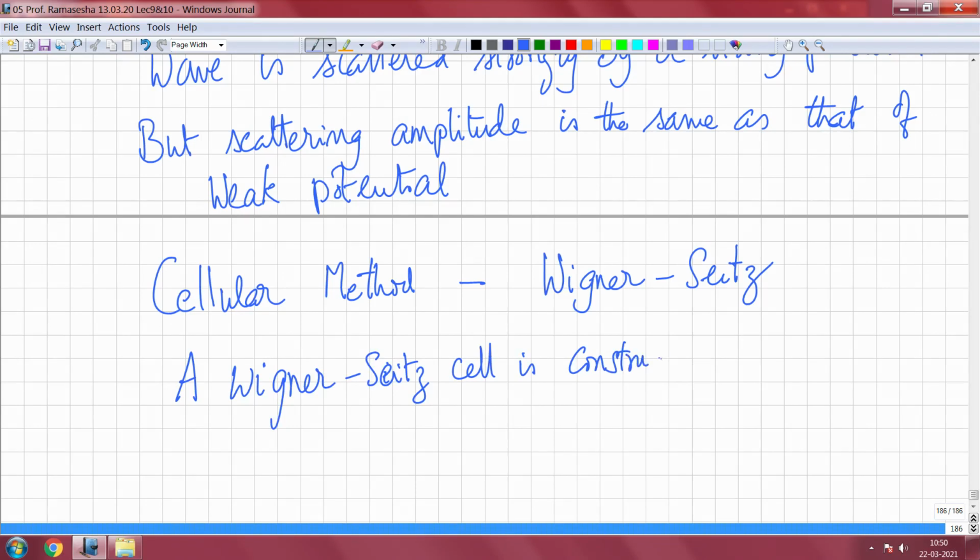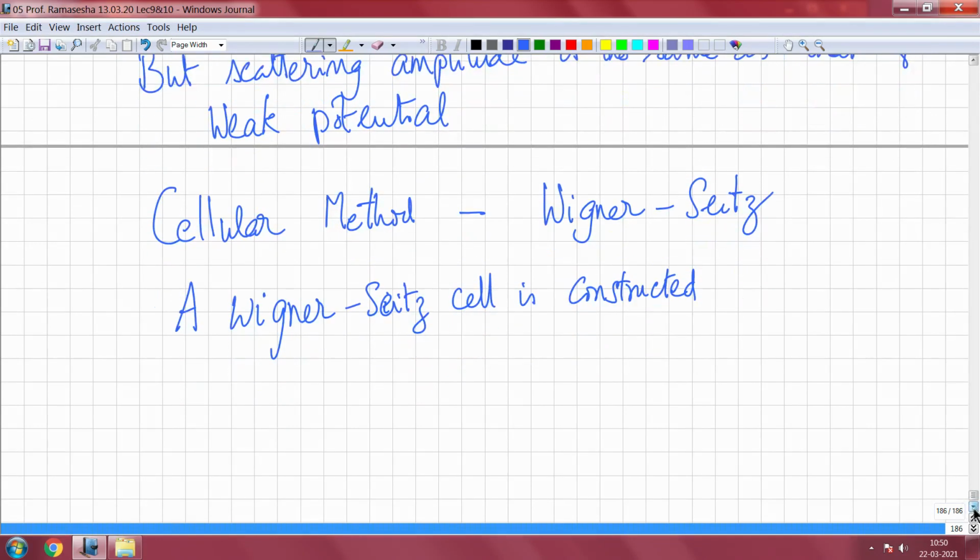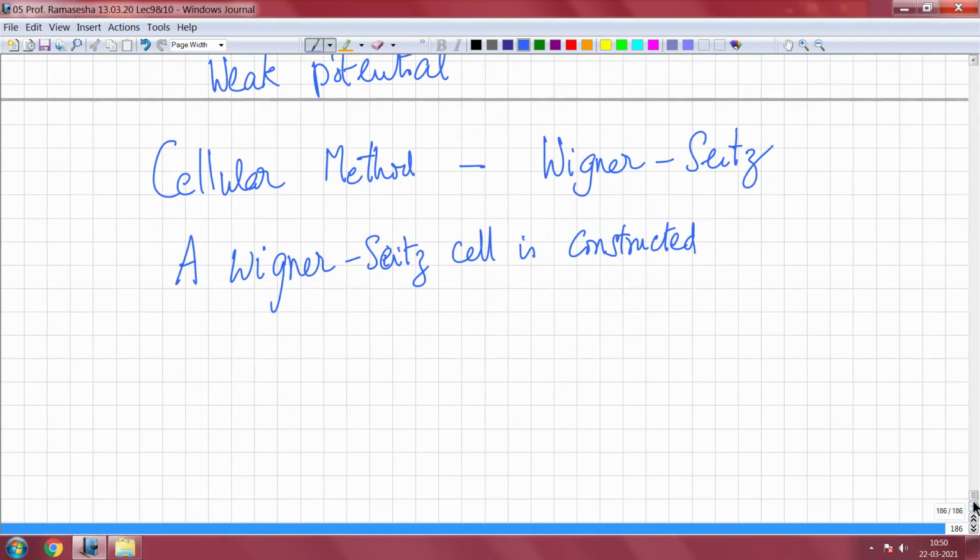It is just like a Brillouin zone that we constructed in the K space. You take a lattice point and include all the points which are closer to this lattice point than to any other lattice point. Okay? So, that is all that a Wigner-Seitz cell is.